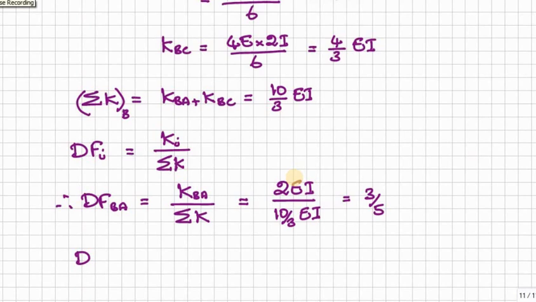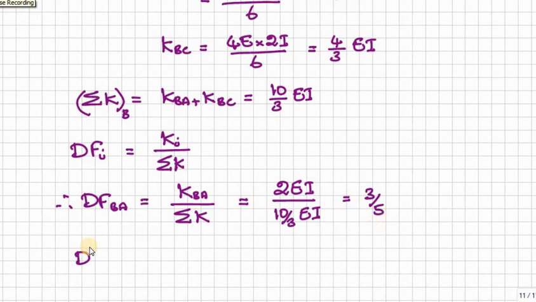So next we have to calculate the distribution factors for each member. The general formula is DFi is equal to Ki divided by sigma K. Therefore, distribution factor for BA is equal to KBA divided by sigma K. KBA is nothing but 2EI and sigma K is nothing but 10 by 3 into EI, which is equal to 3 by 5.